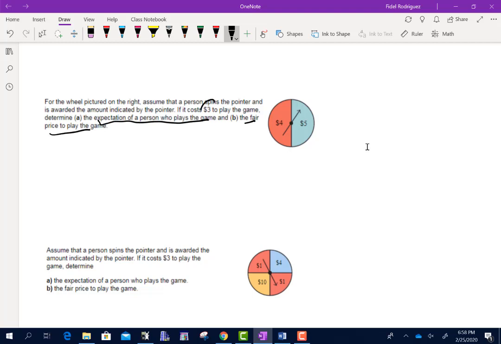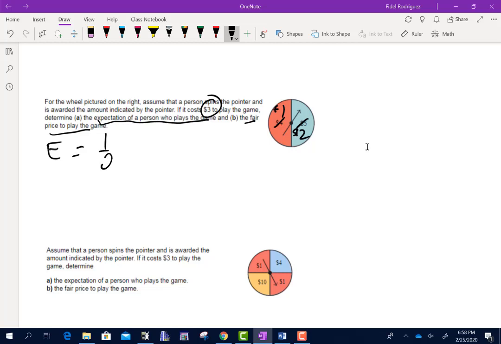Okay, so think about it this way. It costs you $3, but if you land on the red, you get $4 back, but because you paid $3, you really just got $1 there. Same thing here. If it's $5, but it costs us $3, well, we really gained $2. So let's find our expected value.